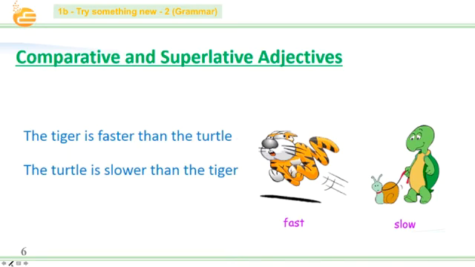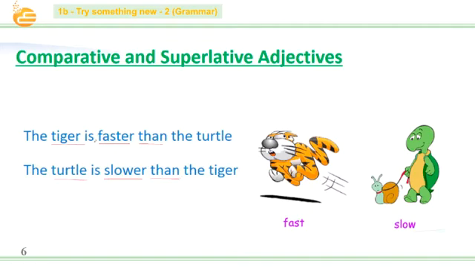Okay. I want you to look carefully here. The tiger is faster than the turtle. We'll start with the tiger. What about the turtle? The turtle is slower than the tiger.